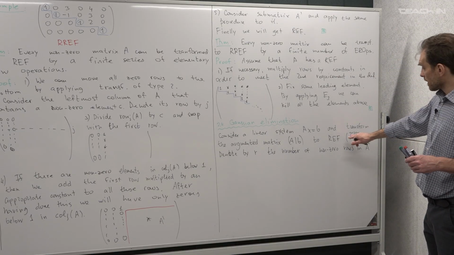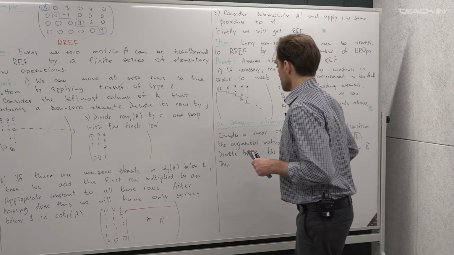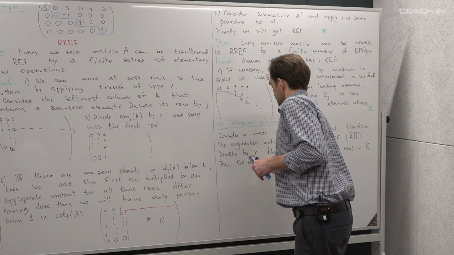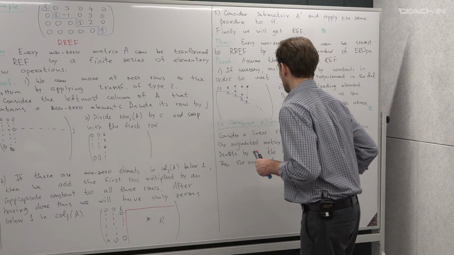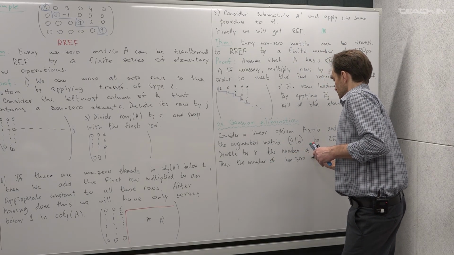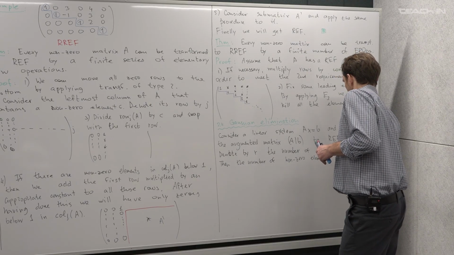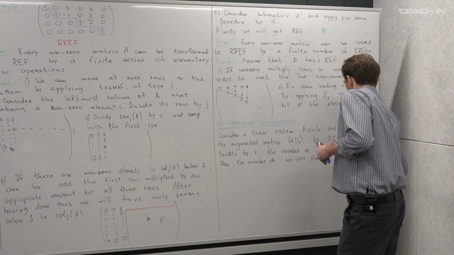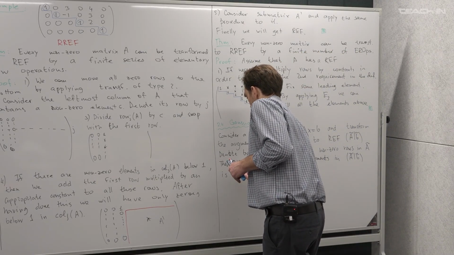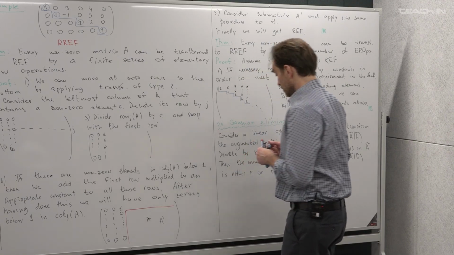And now let us look at the augmented matrix. Then the number of non-zero rows in the augmented matrix is either r or r plus 1. Why?